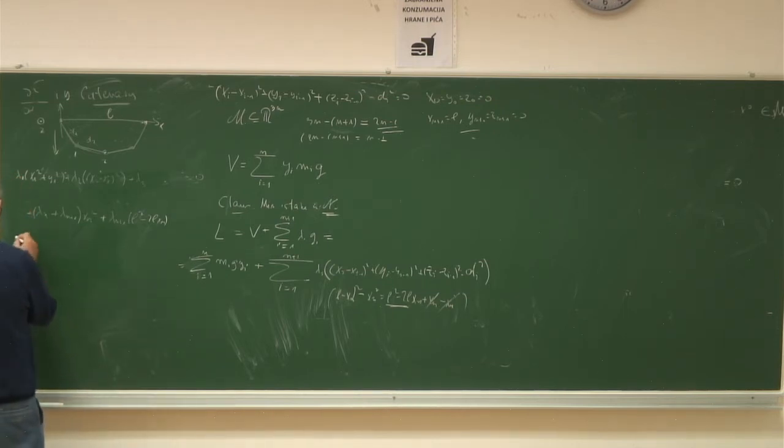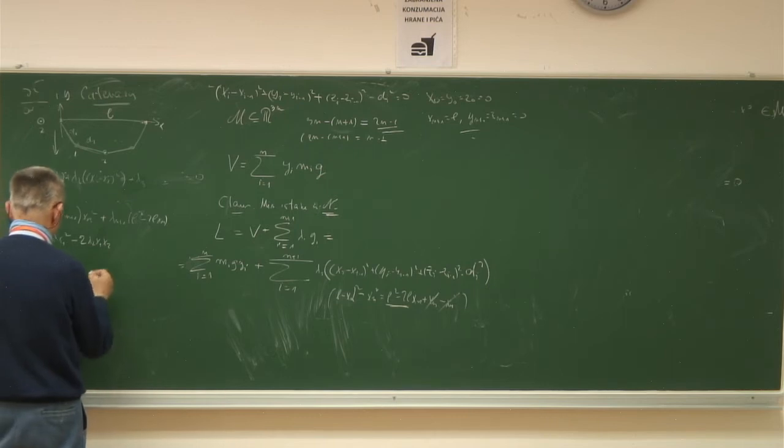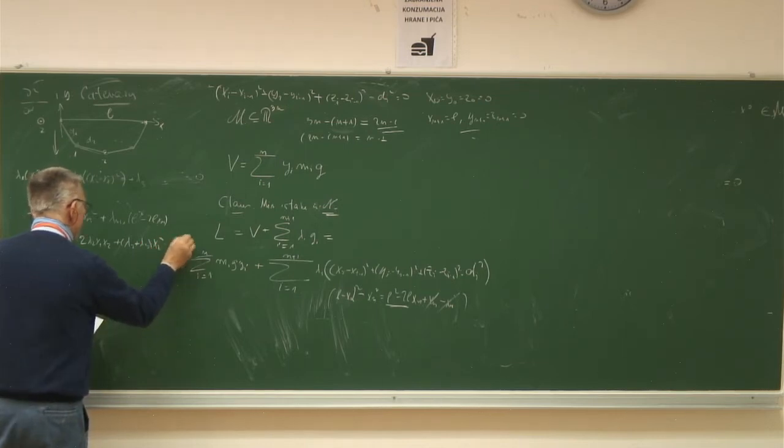Well, this is equal to lambda 1 plus lambda 2 times x1 squared minus 2 lambda 2 x1 x2 plus lambda 2 plus lambda 3 x2 squared, and so on.